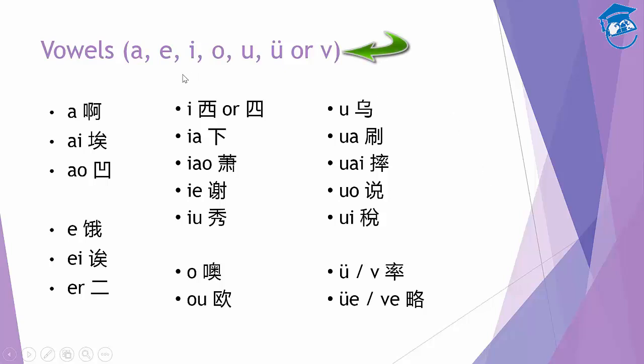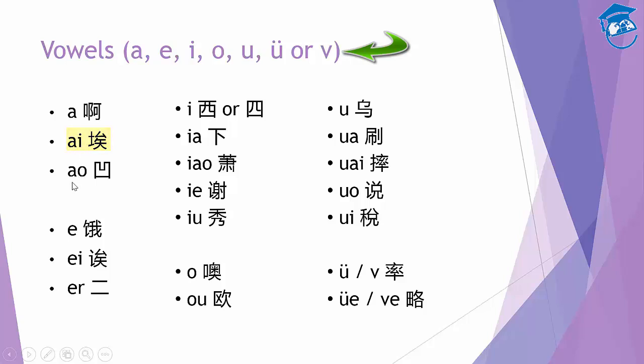And here goes the second component, which is vowels. We have this many root vowels, but as you can see from the groups here, they can be compounded. For example, this one is pronounced as a, and when it's combined with the e sound, it becomes ai.